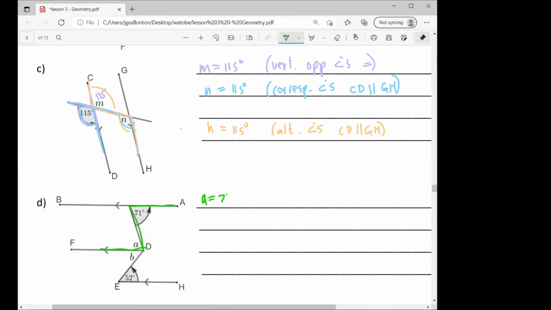Okay, so A is 71 degrees because of alternate angles when AB is parallel to FD. So now I know that that is 71 degrees.